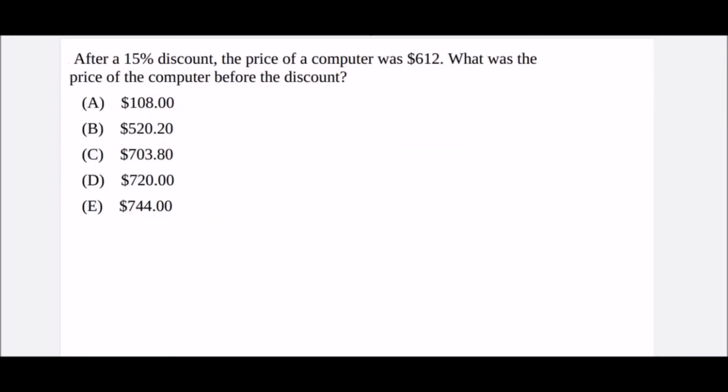Here is our next question. After a 15% discount, the price of a computer was $612. What was the price of the computer before the discount? So let's consider X as the price of the computer before the discount. Then after applying the 15% discount, the price will become $612. So find the X value.